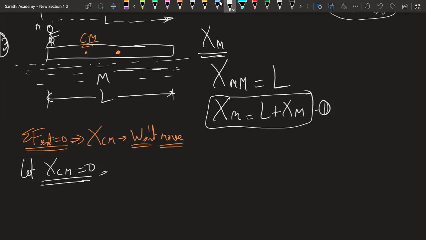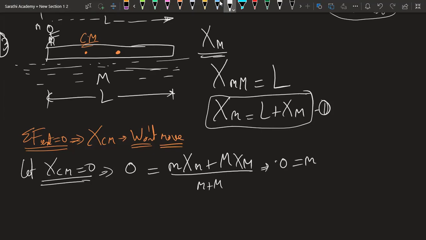Now if this is 0, then we can write 0 equals X center of mass formula, which is mass of man into displacement of man plus mass of plank into displacement of plank, divided by total mass. You'll get 0 equals m into (L plus displacement of plank) plus m into displacement of plank.